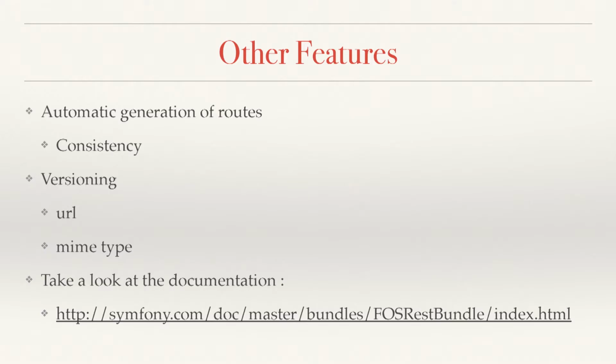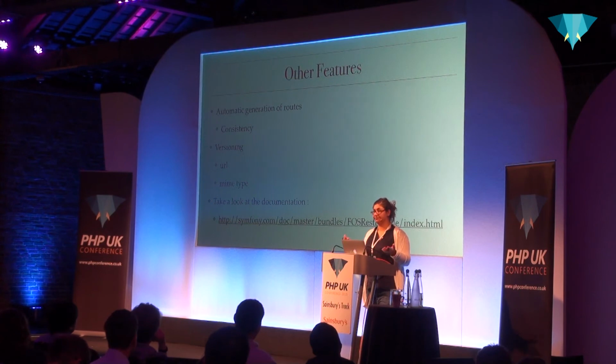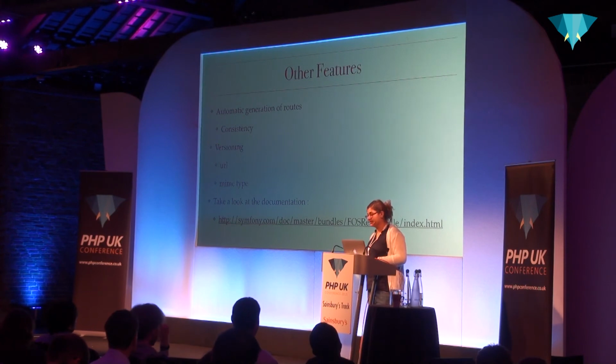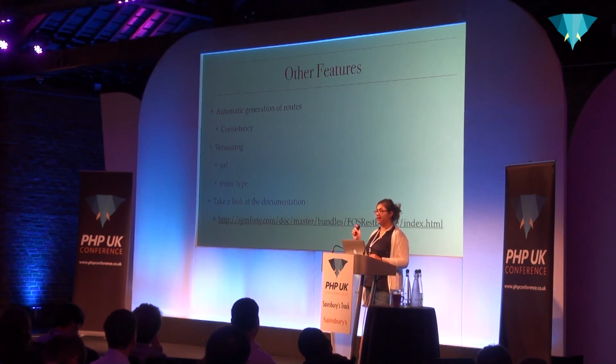There are also other features I won't talk about, but if you have any question, just ask me. There is automatic generation of routes. I don't use it, but it exists, and it's more about consistency. But of course, if you don't want to use generation, it's up to you. You have also versioning by URL.